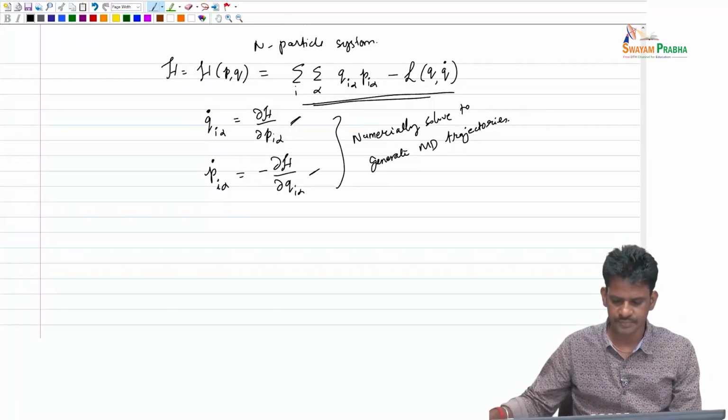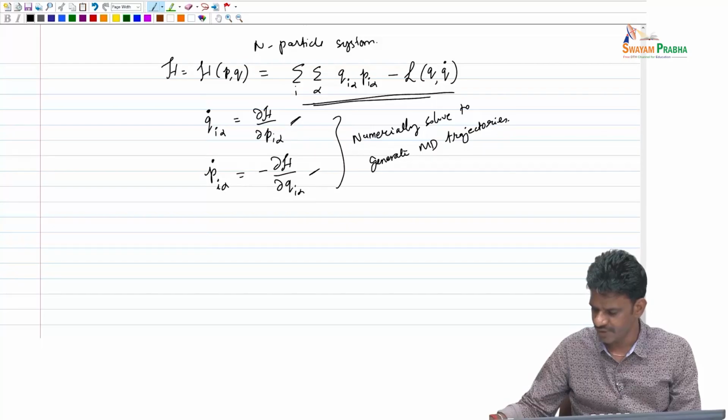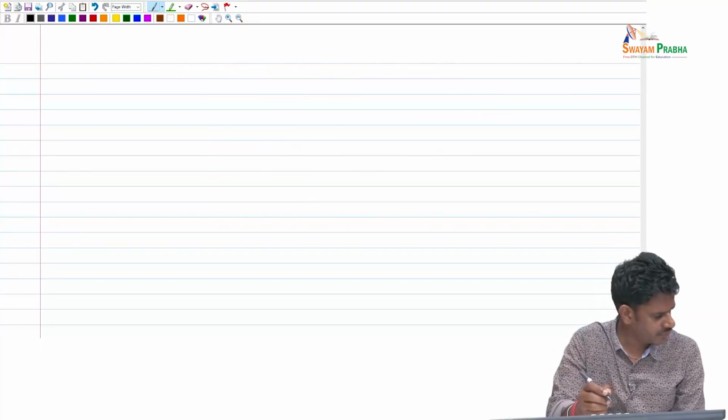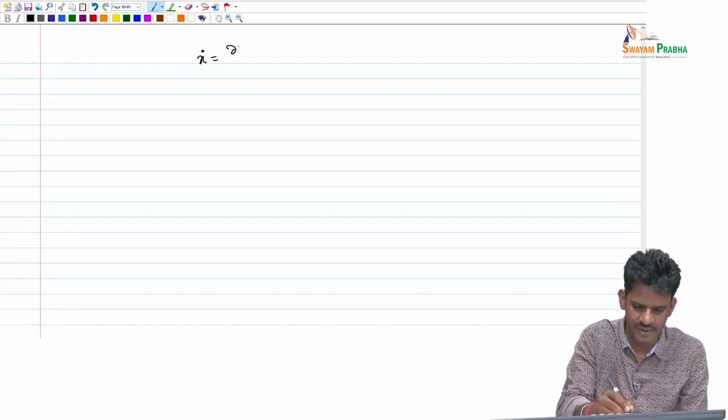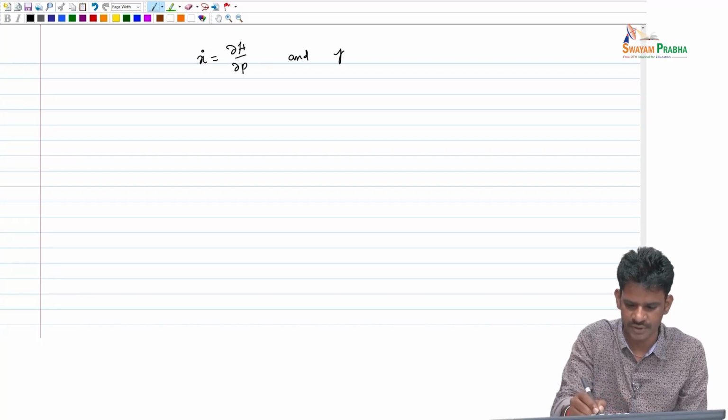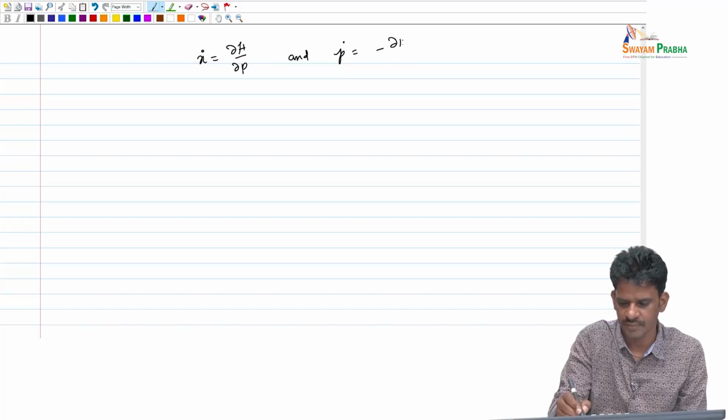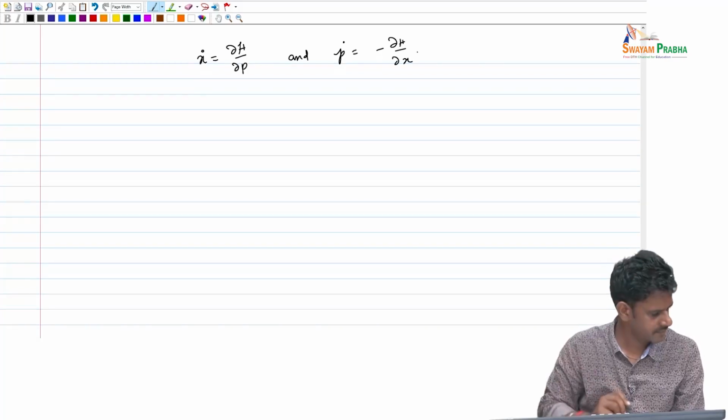All right. There's one last property I want to talk about for the Hamiltonian equation of motion. For this particular exercise, we will go back to the one-dimensional problem, where p dot is minus partial H by partial x.